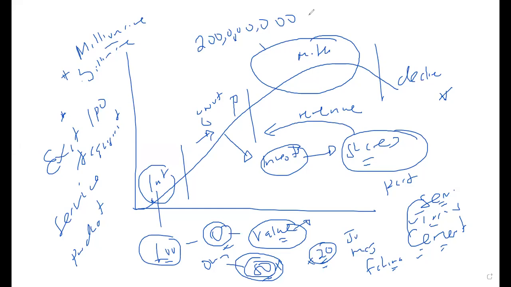So you own 80% of what? Of 200 million. But it's not money. It's just value. Do we understand? This is where you start seeing witchcraft now. It's just value. The company is valued at 200 million, which means your value of that company is 200 million.